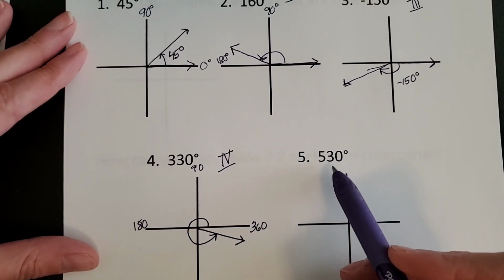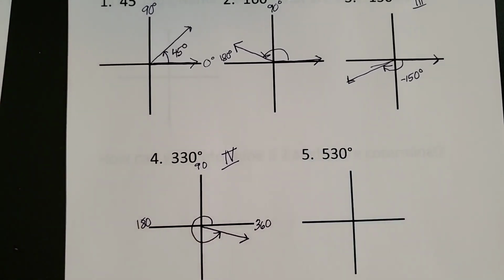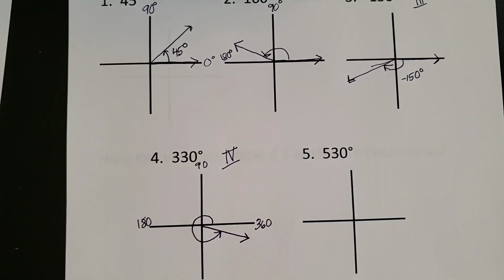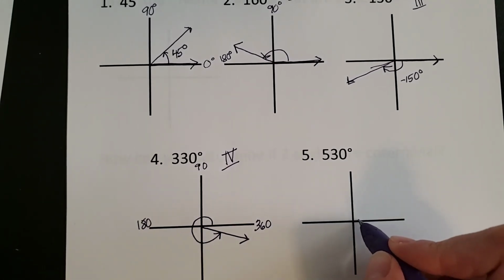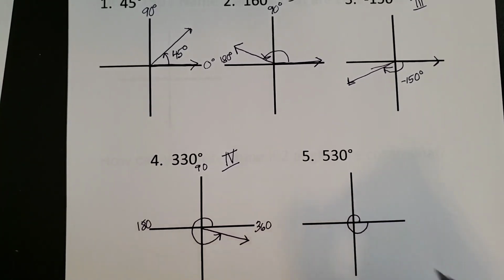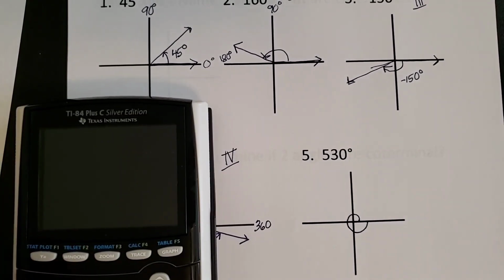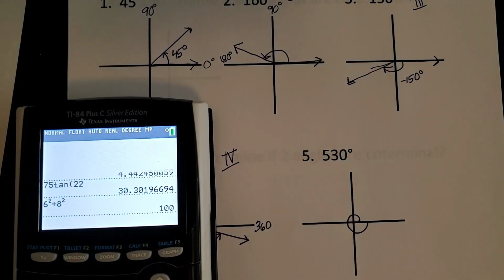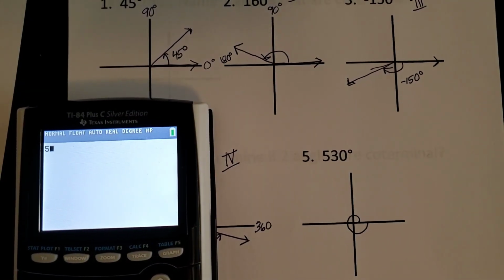Well, what do we do with something like this, 530 degrees? Well, that is more than 360. So if I'm starting here and I'm going around, there's 360. I think I'll grab my calculator. And how much more than 360 is 530?